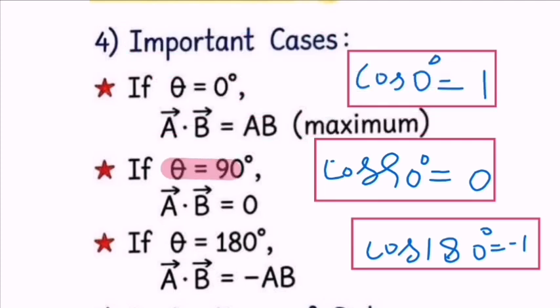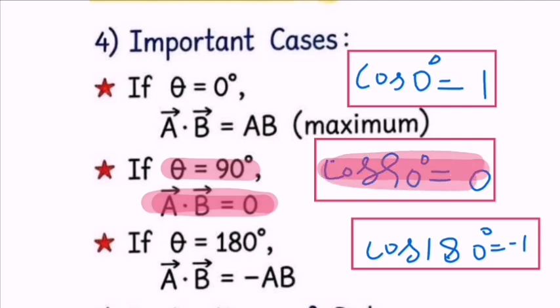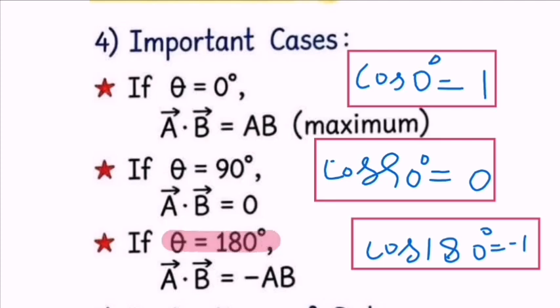Now, if theta is equal to 90 degrees, then A dot B will be equal to 0, because dot product contains cos theta and here cos 90 is equal to 0. Now when theta is equal to 180 degrees, then A dot B must be equal to minus magnitude A times magnitude B. Meaning in this case, product will be negative because cos 180 degrees is equal to minus 1.